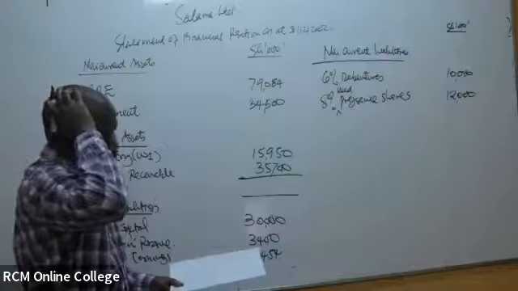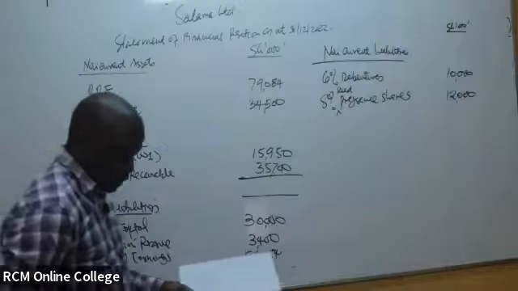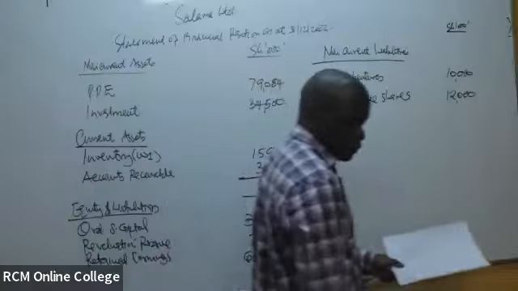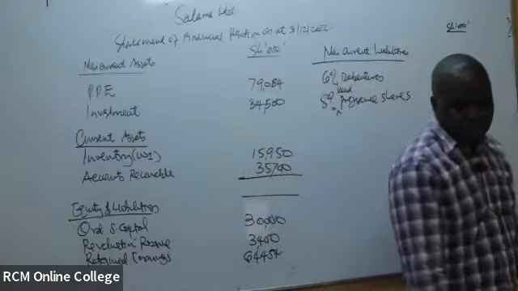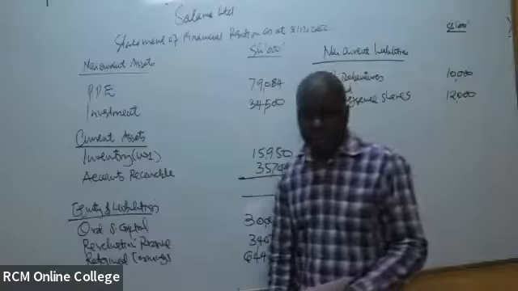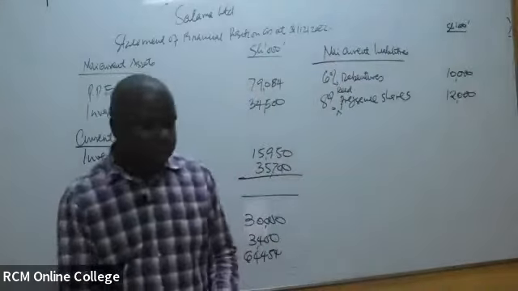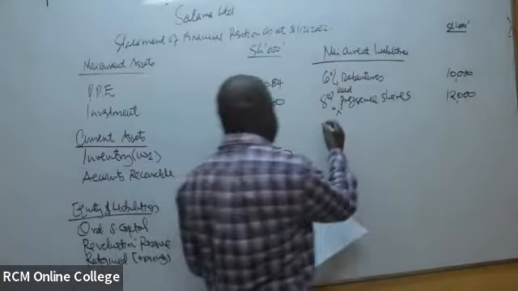Try to think. There's an item I told you will always be recognized as a non-current liability. Deferred tax. So it is deferred tax.